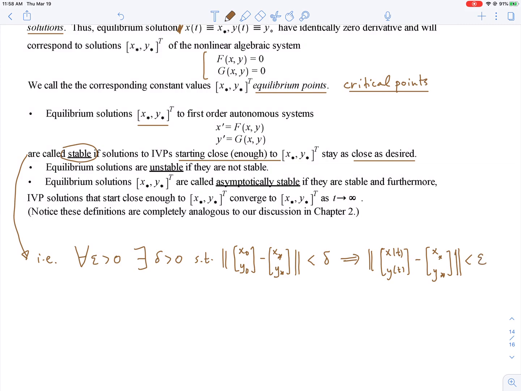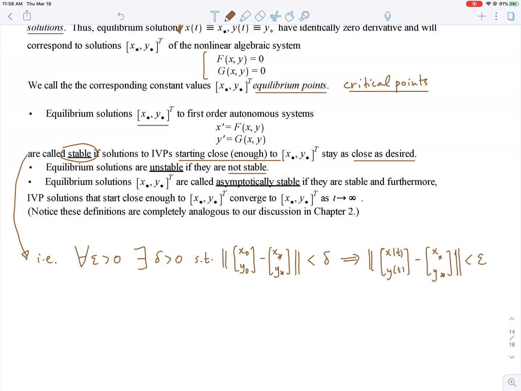Okay, and then unstable is not stable, so that's just the logical contradiction. If you're going to contradict the quantified definition of stability, I won't write it down. You could. So the logical contradiction of stable being true is that it's not true that for all epsilon and so on.